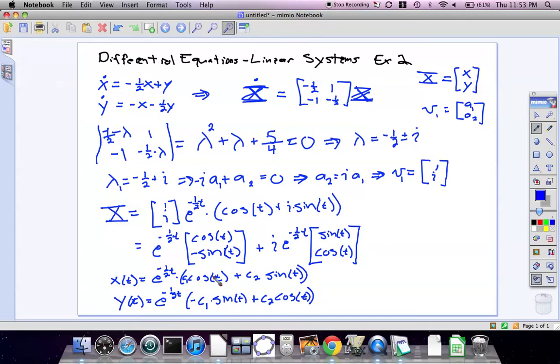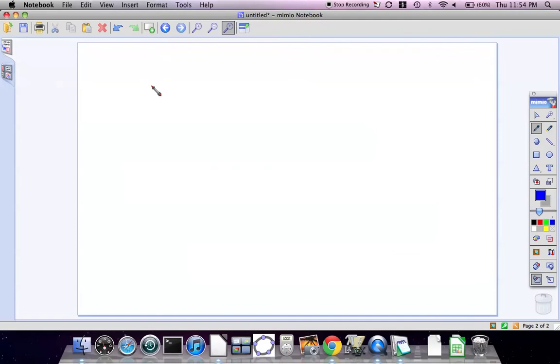So these are my two solutions. What I want to look at next is what the phase plane of these solutions is going to look like. The vector field: how do they flow through there for different constants c1 and c2, depending on the initial conditions. So let's take a look at that next. As far as the phase plane goes, which is a nice way to look at solutions, it doesn't work the same way as with real solutions.